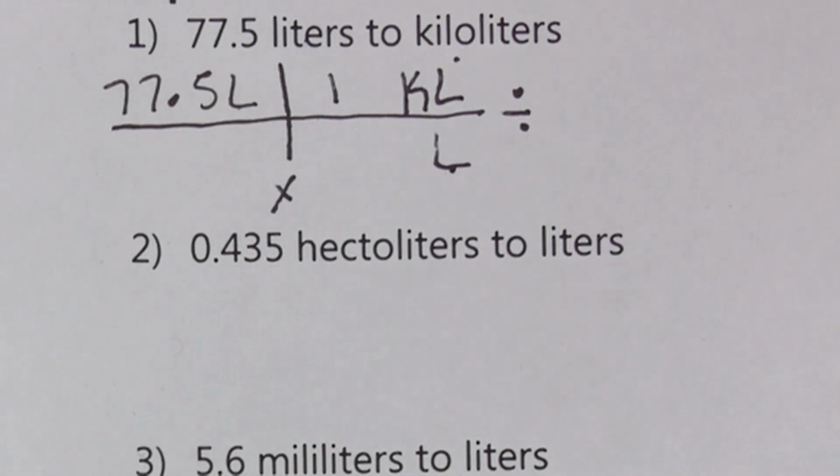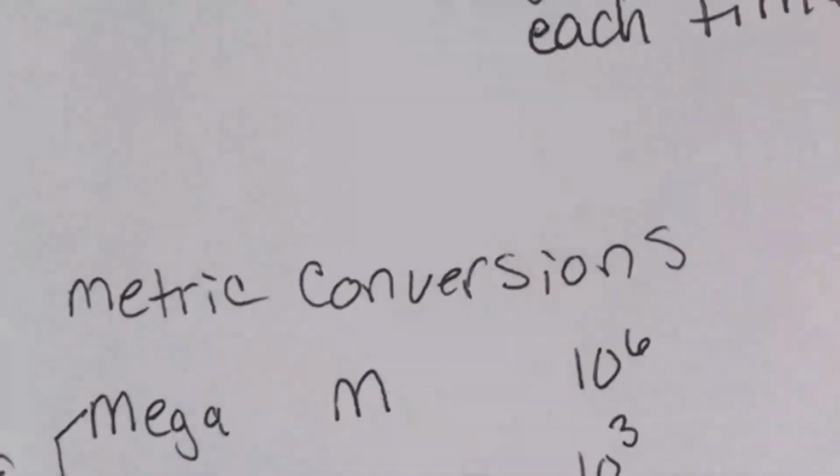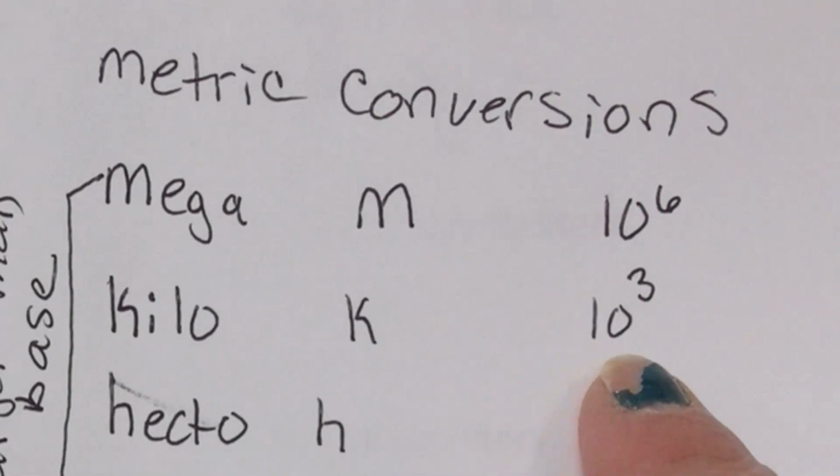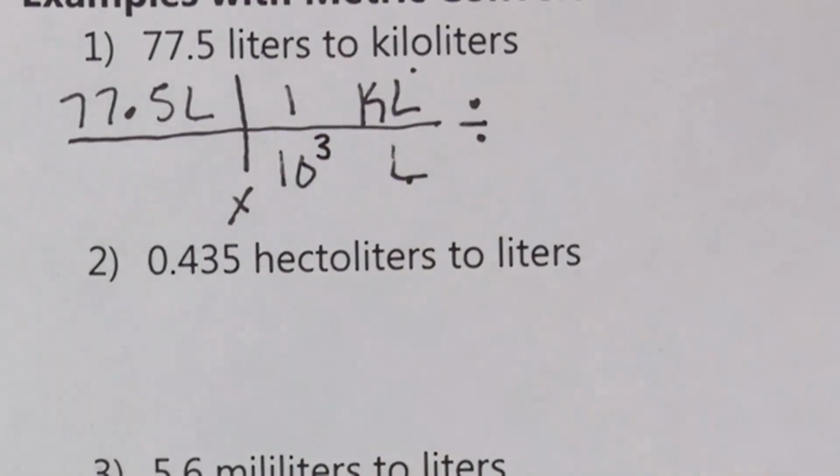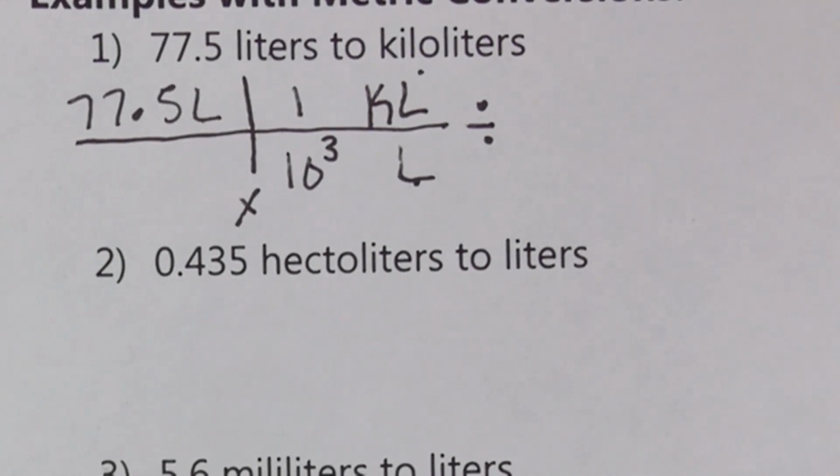The conversion factor I put with liters is going to be the 10 to the 3rd. Now, there's several different ways to do this. Sometimes I've seen it taught with negative exponents. I like to do it this way, with the larger gets the 1. I find students are usually more successful when they solve this way.